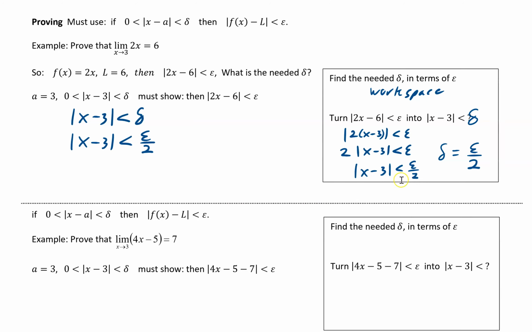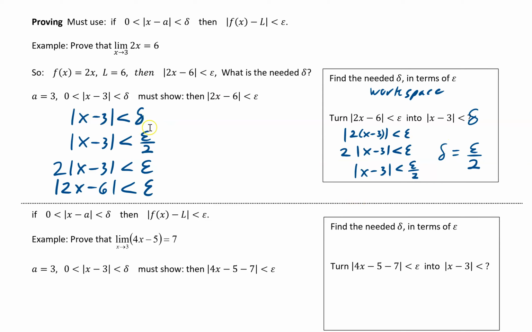And then now we just work it backwards. So this becomes this. And then we factor the 2 back in. In fact, you can make that all one step if you wanted to. 2x minus 6 is less than epsilon. And there we have it. So this is true.